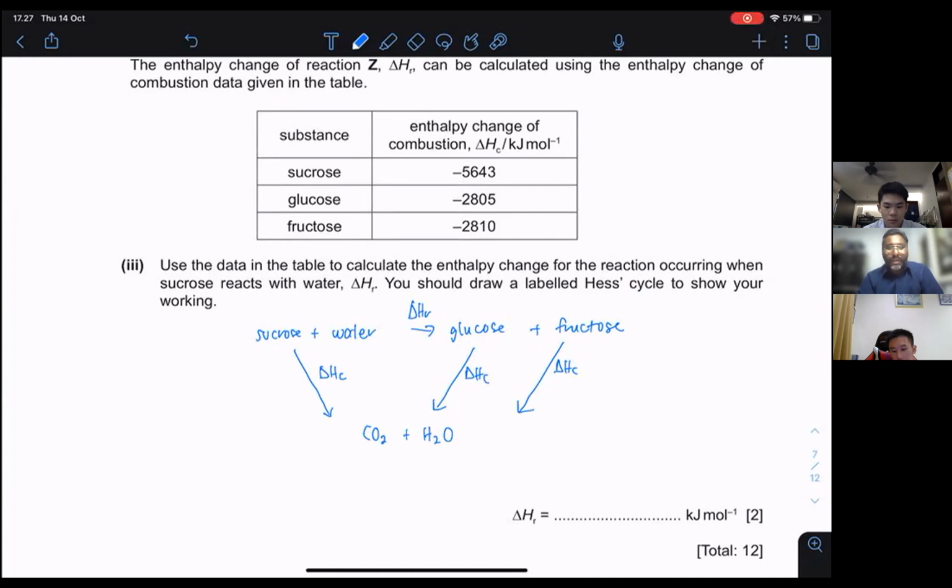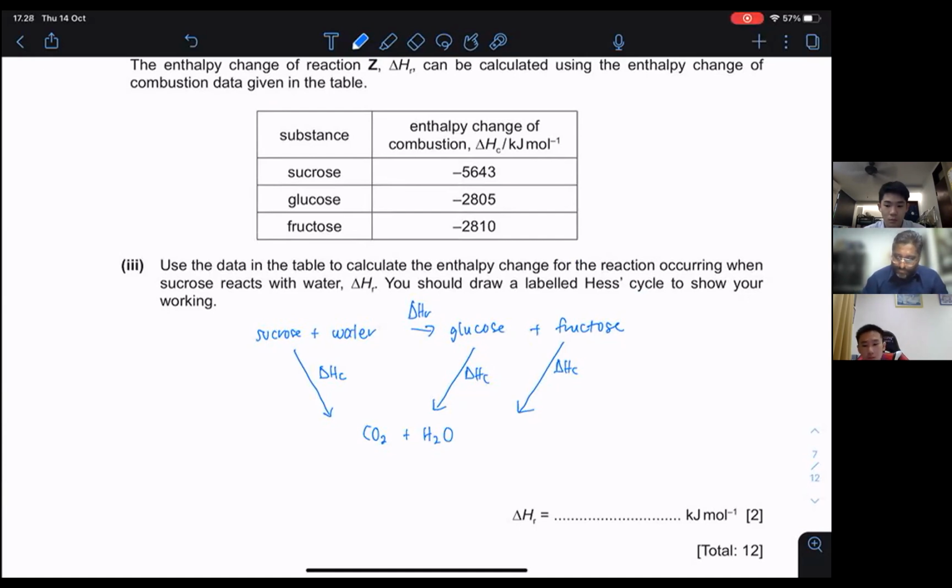You need to draw the labelled Hess cycle for this, so you need to plan how you want to actually draw it. Let me check whether they have drawn it here, 3C3. They didn't show the diagram over here.